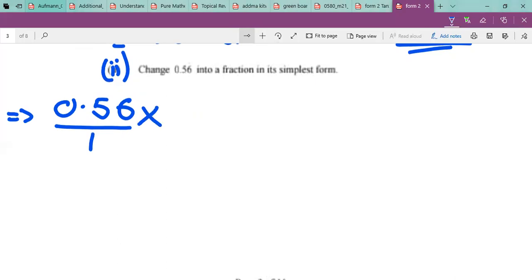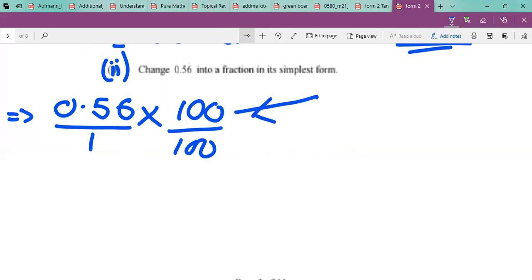Then you multiply by 100, which is also a dummy number because it gives us 1. But why did we choose 100? It's because we have 2 decimal places here. If there were 3, you'd have multiplied by 1,000.